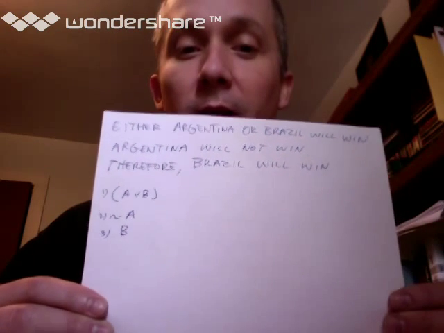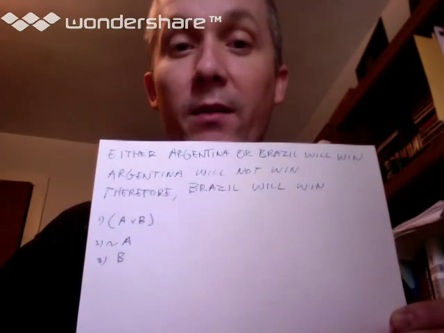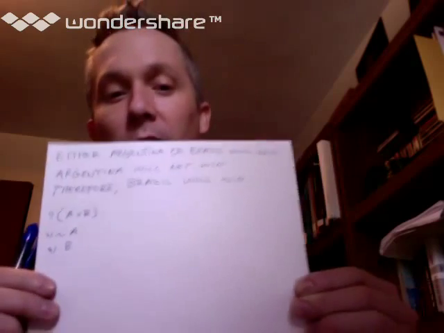Now I want to put it on a truth table, because the truth table is going to show me whether or not this argument's valid. Okay, so here's what I do.